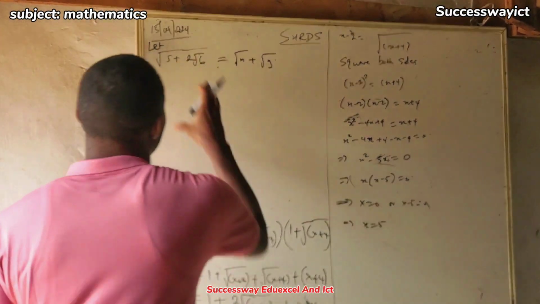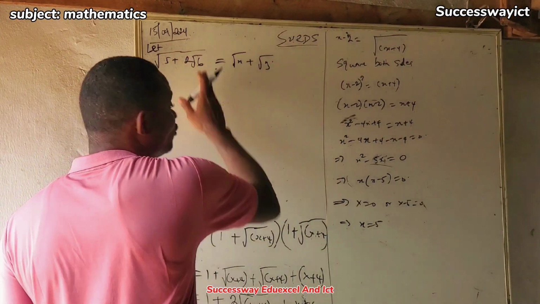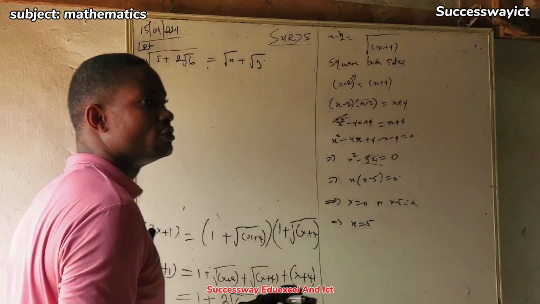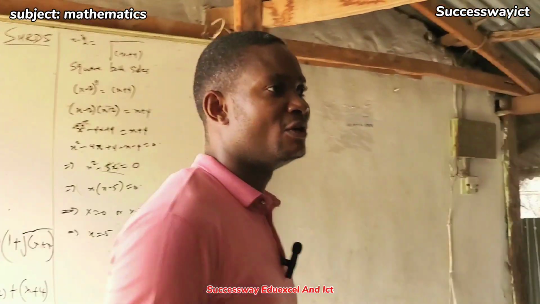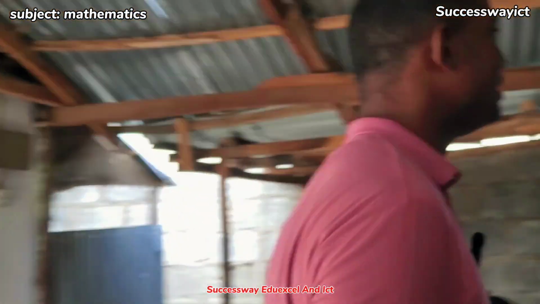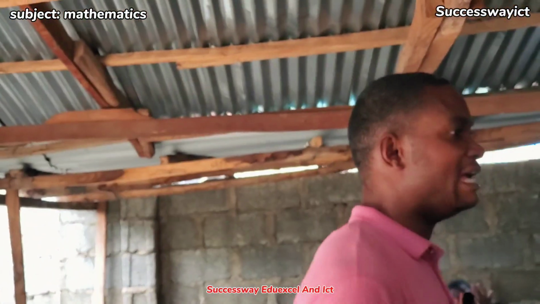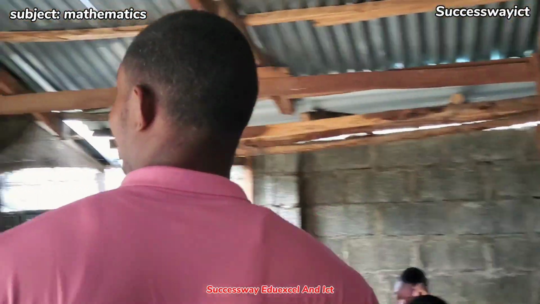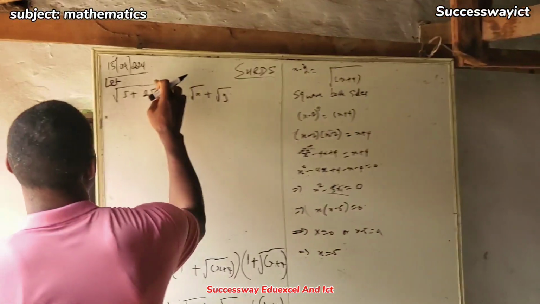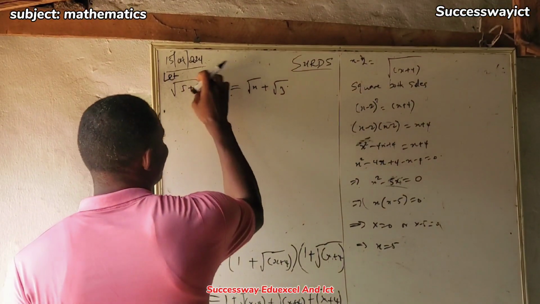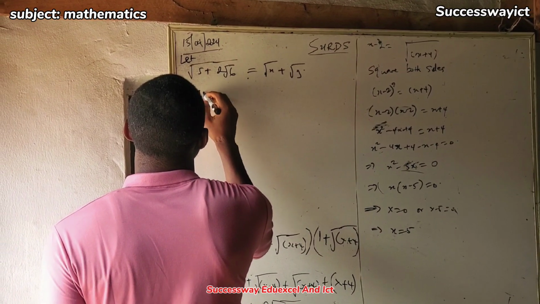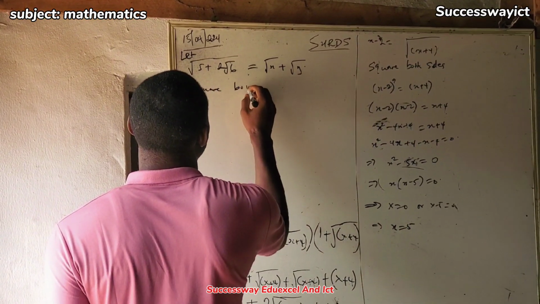You want to simplify this down, you want to break this down to two independent surds. And the two independent surds, you don't know them. So that is why you are saying, let one be x and let the other be y. Are we together? Now the next thing you do is, we want to first of all clear this root. So we can now say, square both sides.